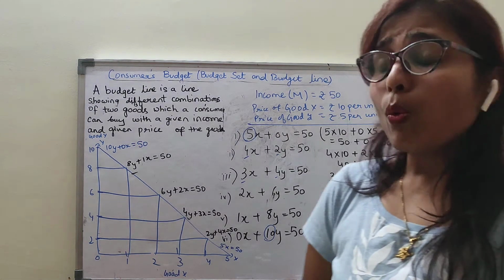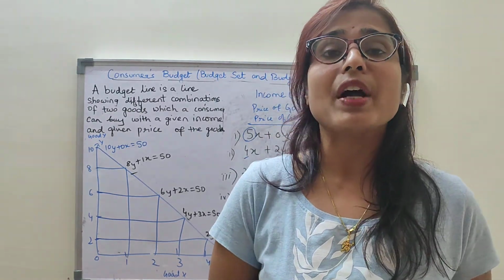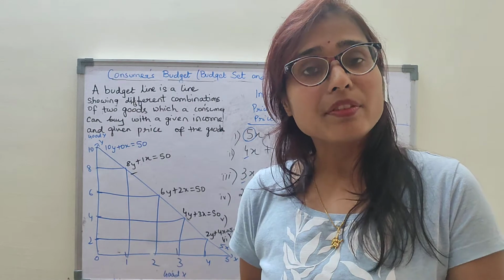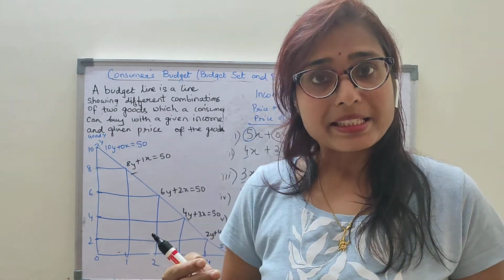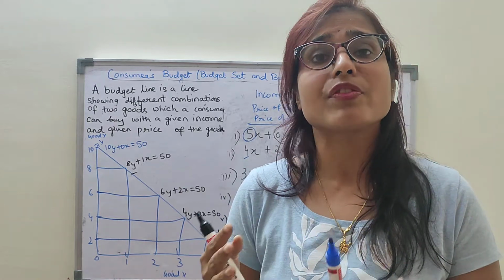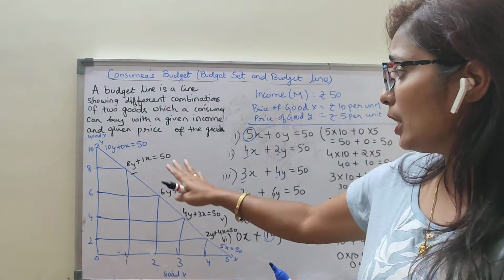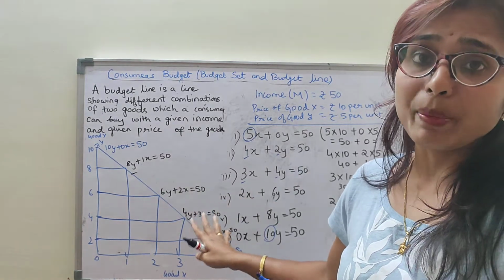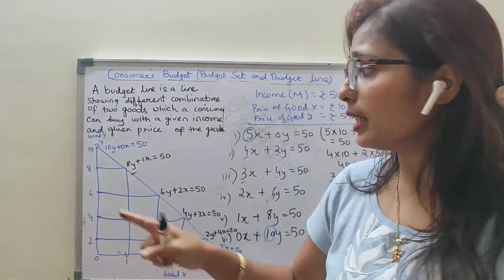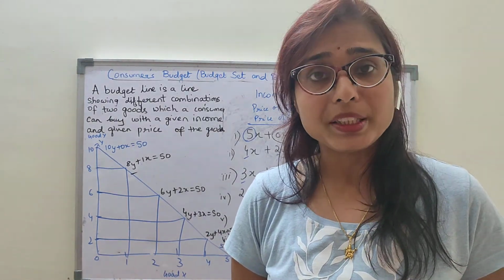One important thing to remember is the difference between the indifference curve and the budget line. In an indifference curve, all points that lie on the same indifference curve give the same level of satisfaction. But in a budget line, all combinations show the same expenditure.